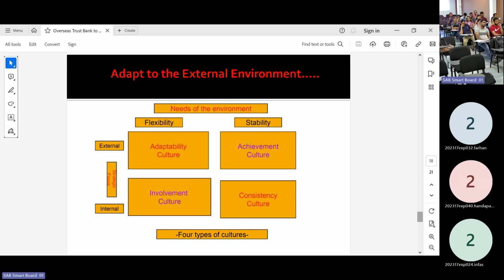External focus alternatives include mergers, acquisitions, joint ventures, and external outsourcing. Then that culture strategy is named here as adaptable. Those managers are using the adaptable culture strategy.